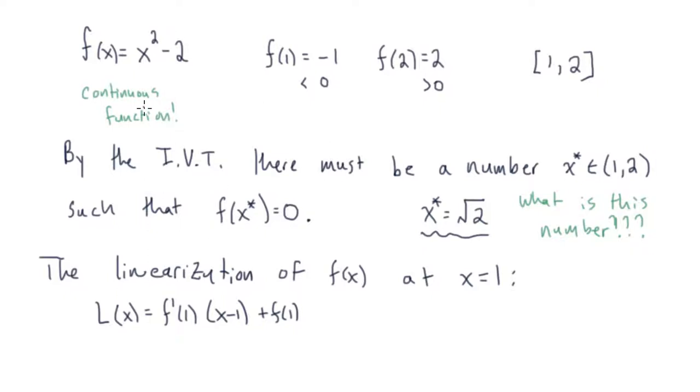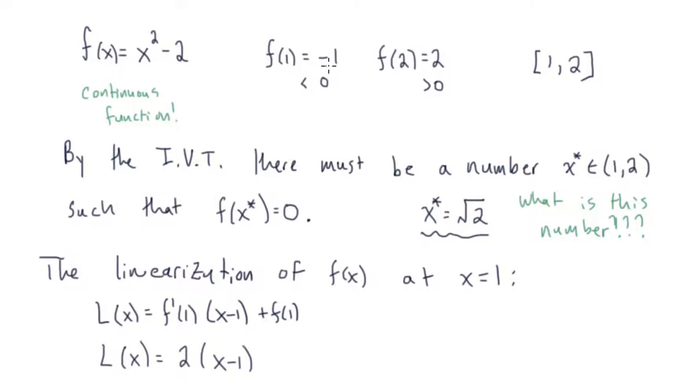So f prime of x is 2x, and we plug in 1, and we'll get 2. And then we have x minus 1.